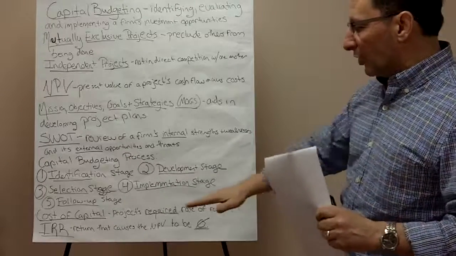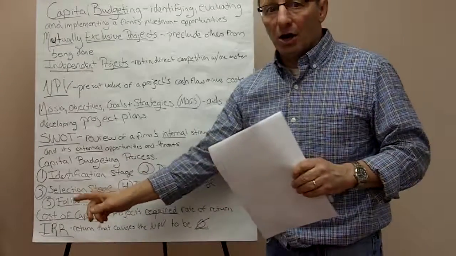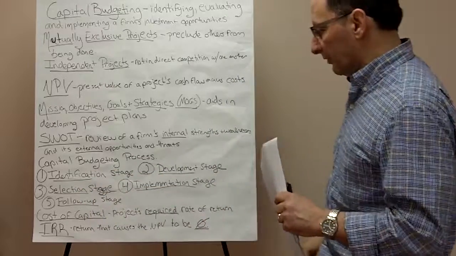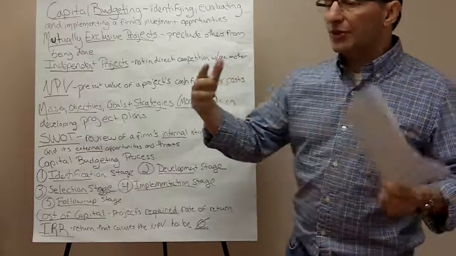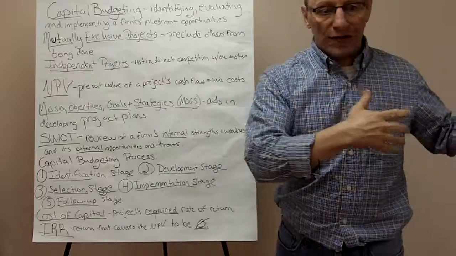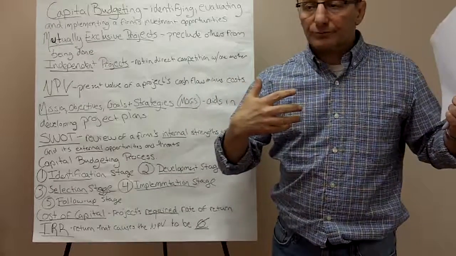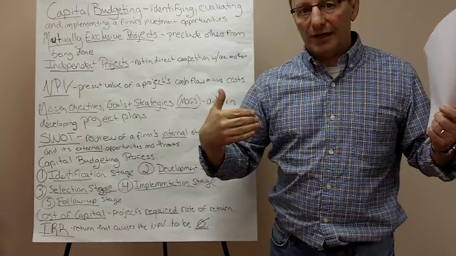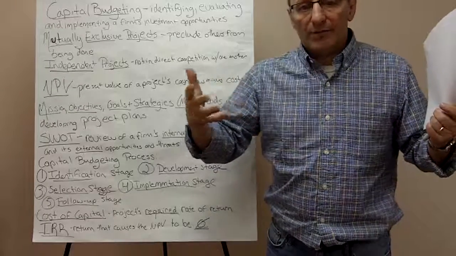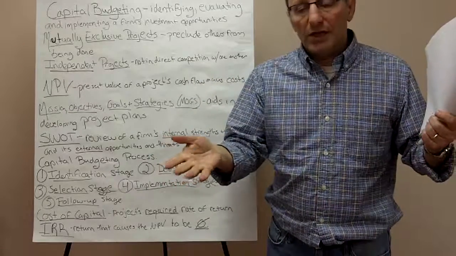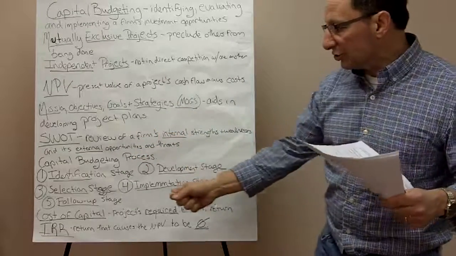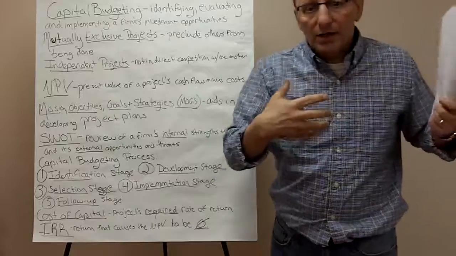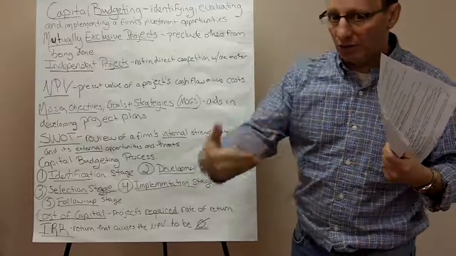Now, we're going to talk about IRR, internal rate of return. The rate of return that you're getting on your cash flows must be greater than the amount of capital costs to you. If it's not, you wouldn't do the project. So this internal rate of return that you're getting must be greater than your cost of capital.